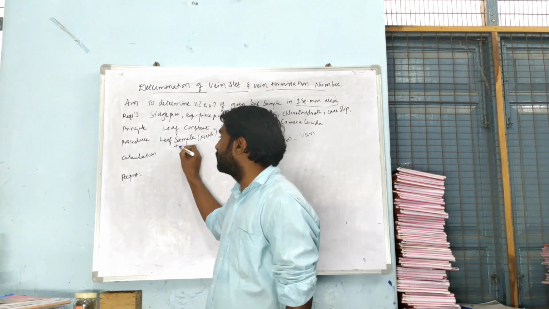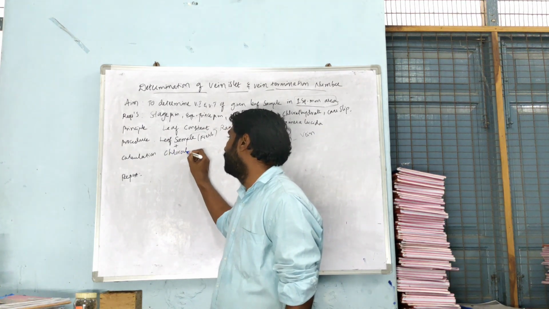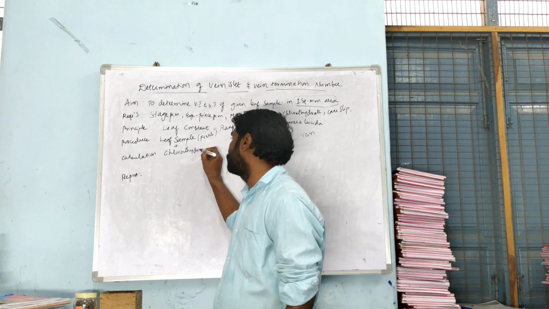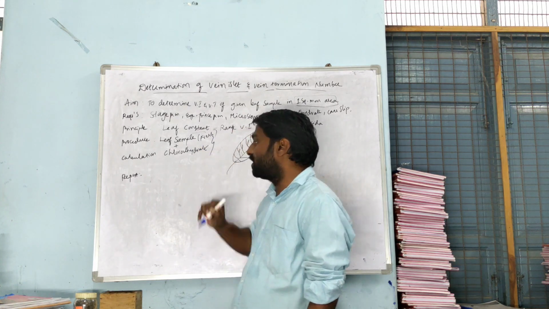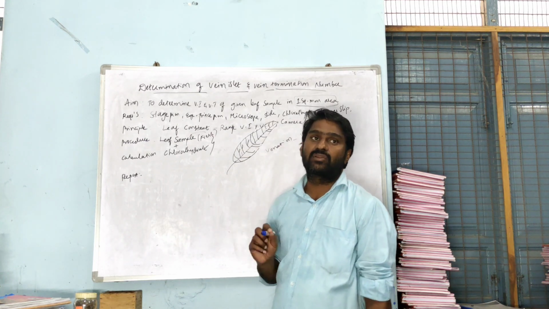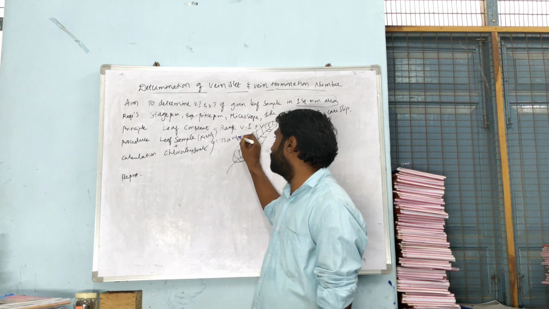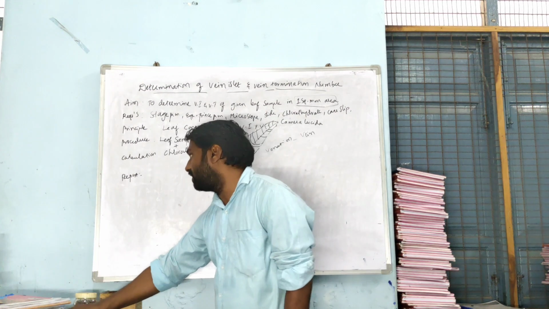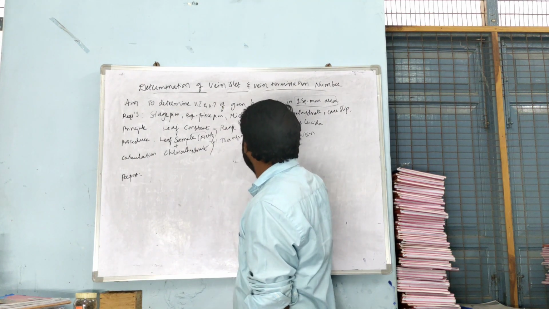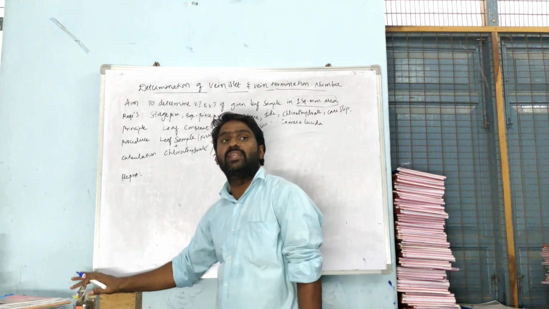So for removal of such chlorophyll, generally we add a special reagent called chloral hydrate solution. Chloral hydrate reagent clears the leaf, that is, it clears chlorophyll and makes the leaf transparent. When the leaf is transparent, definitely we can identify the number of veins and number of vein islets present in the leaf sample.